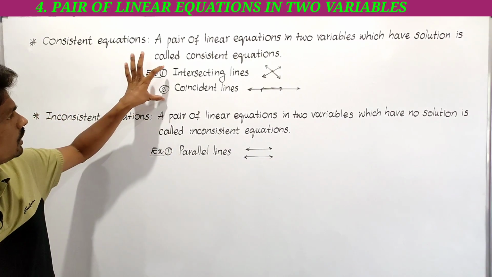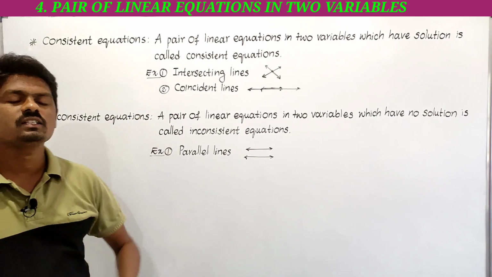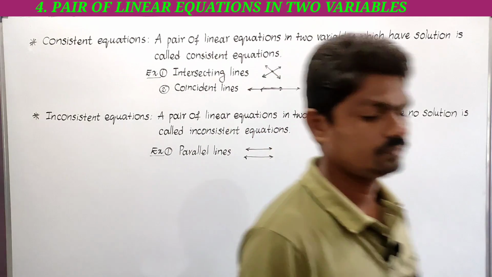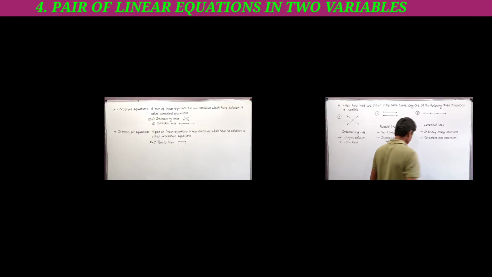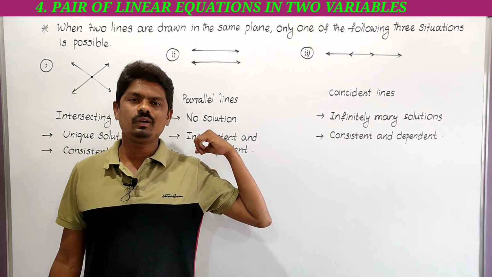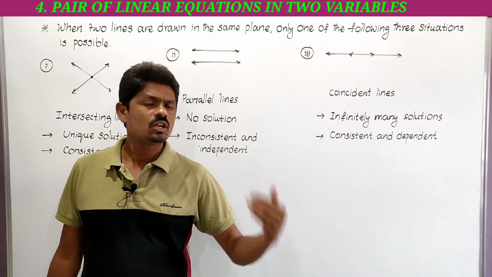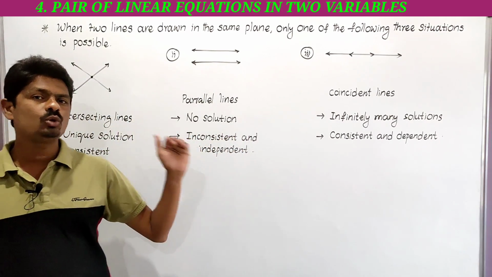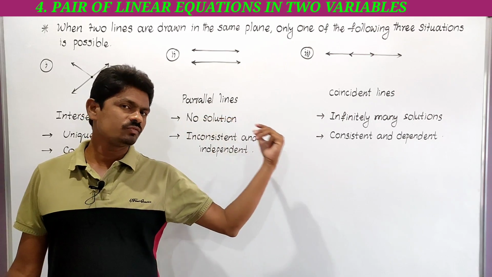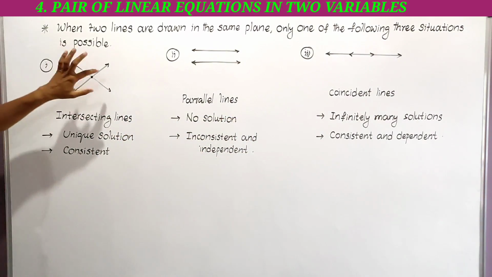So next we have to learn in detail about intersecting lines, coincident lines and parallel lines. See here, now we have to learn about intersecting lines, parallel lines and coincident lines. Suppose we draw any two lines in the same plane; they may be in any one of the following three situations.